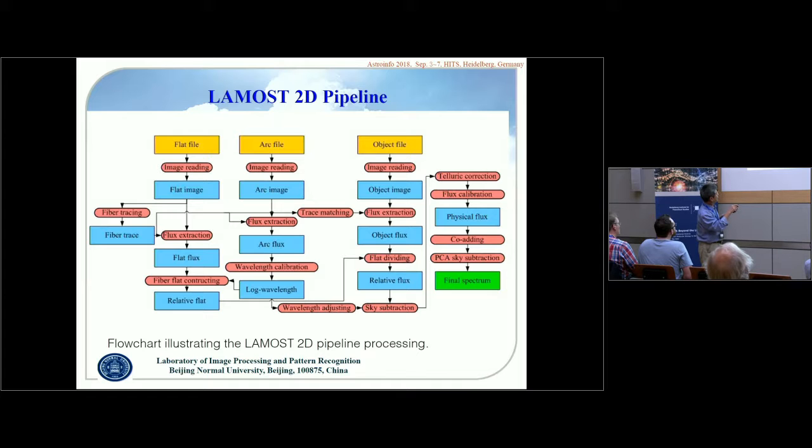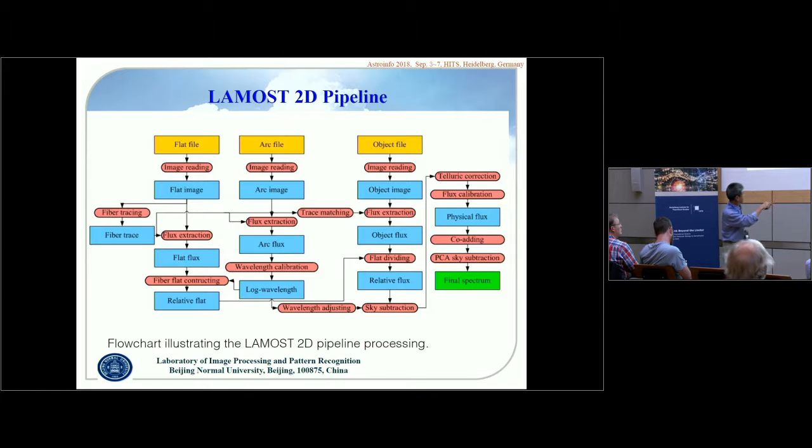Also, the object frame is a mixture with the sky light, so we need image reconstruction. There are several steps to deal with these images.